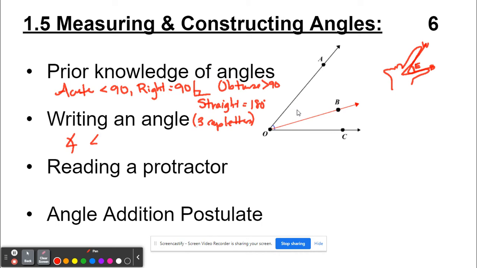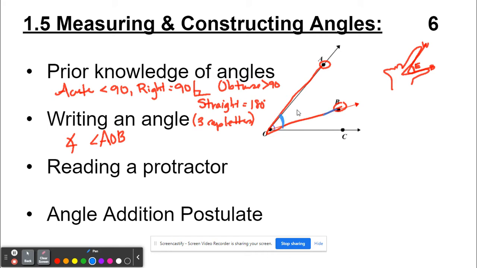That's the same thing we're doing here. I have to start at a point out here, go back to that angle, and then back out to another point. So this angle that I just traced right here would be called angle AOB. I can't just call it one letter. I can't just call this angle O, because there are actually 3 angles here. There's this measurement right here.